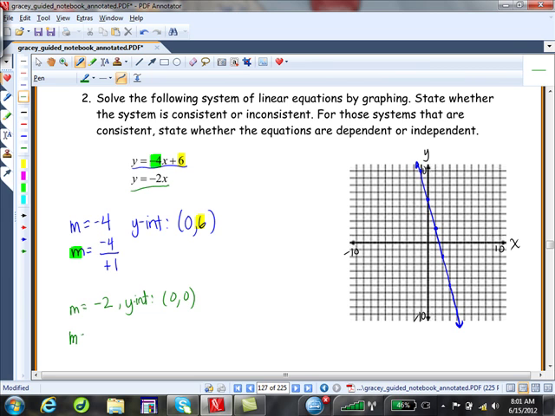And so we can have this slope be 2 down and then 1 to the right. And again, here's our slope for the second one. And let's go ahead and get that graphed. So we start at 0, 0. We go 1, 2 down and 1 to the right. 1, 2 down, 1 to the right. And then look, see, this is going to be our intersection point here.